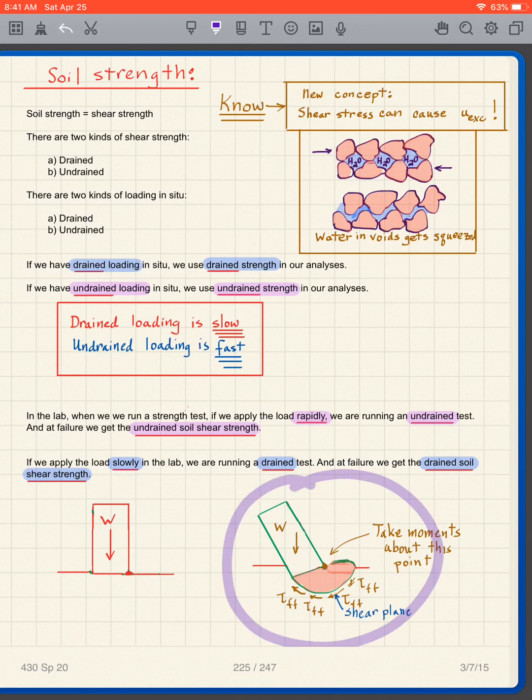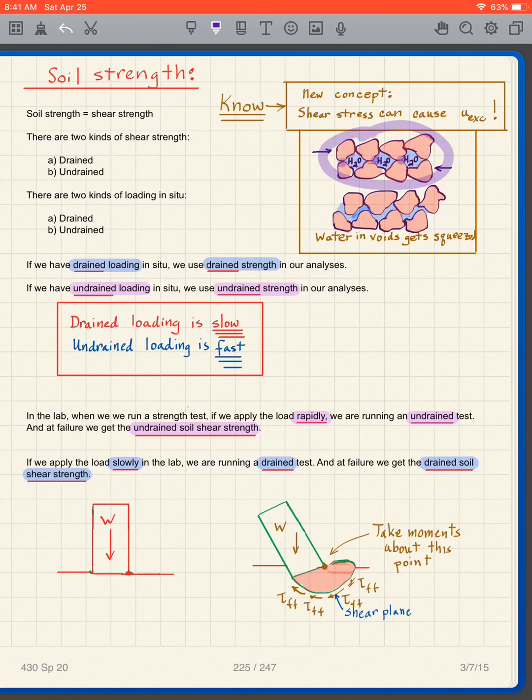And in essence, that's what's taking place down here. My shear plane is right in there. So what's going on there? Well, let's assume for the time being that my soil particles are in this state where I have contact points of the soil, and in between I have water. So we're talking about a saturated soil at the moment.